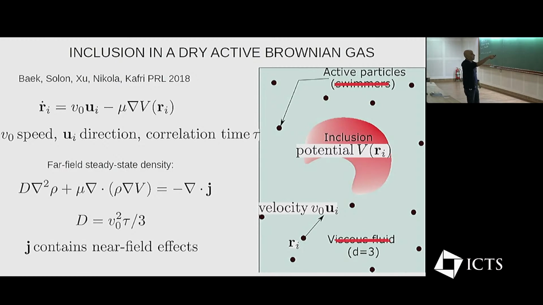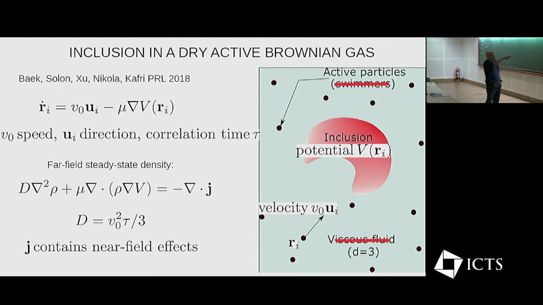So each particle propels itself along a direction described by a unit vector u_i with a fixed speed v0, and in principle in the presence of some kind of material object, in the simplest case described by just a potential. Okay, so you could imagine the potential to be an actual pair interaction between the object and the particle, or it could be maybe some optical trapping potential or something. Mu is the mobility, no inertia, so this is the equation for each particle.